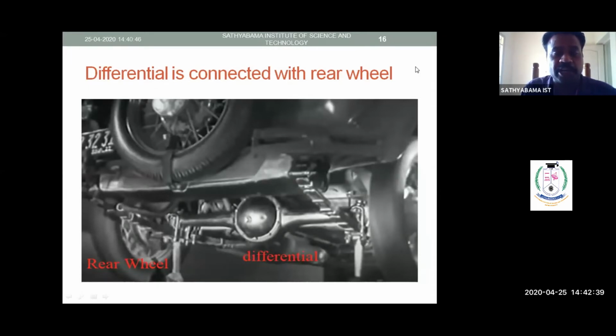In the next pictures I will explain what this propeller shaft is. This differential will contain a set of gears, worm and worm wheel gears, to transmit the power from the rear axle to the front axle through the propeller shaft, for which the differential is used.